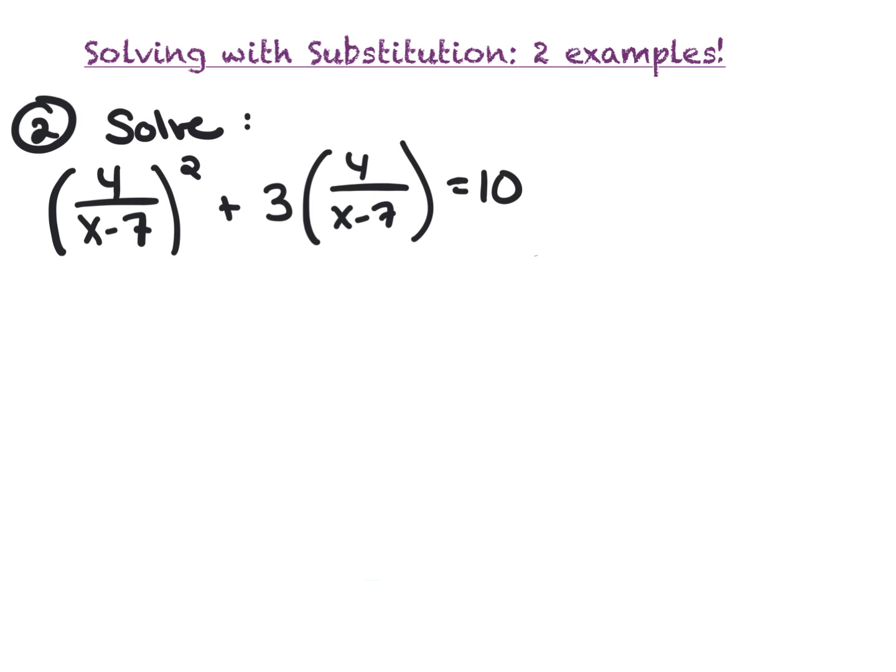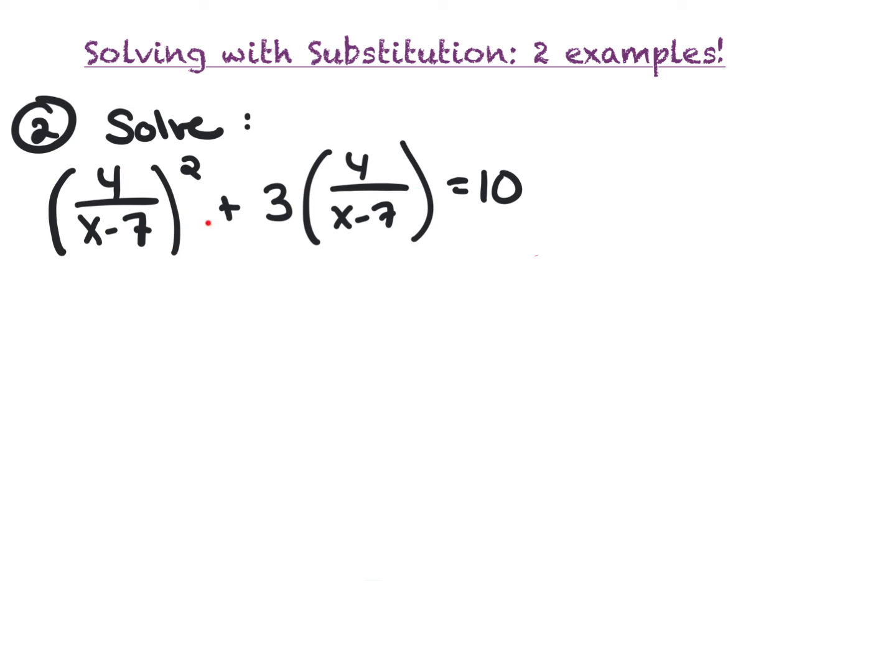Terrific. For our second example, let's solve the quantity 4 divided by x minus 7 squared plus 3 times the quantity of 4 divided by x minus 7 equals 10. Same idea here. I want you to notice that the first term has an exponent that is double the second term.